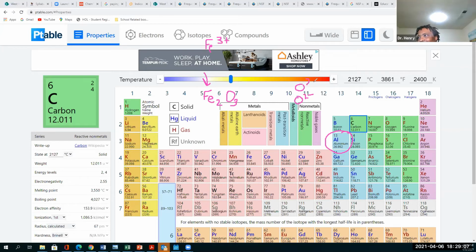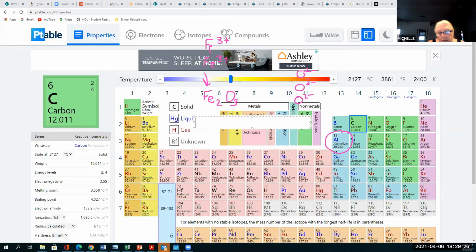That's right. So we have 2 of those, so each of those would have to be +3. So if I name this compound, is it iron 6? Because you're talking about 1 iron.